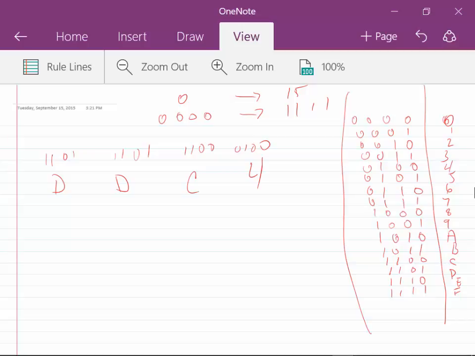I just look at the table and can translate it.